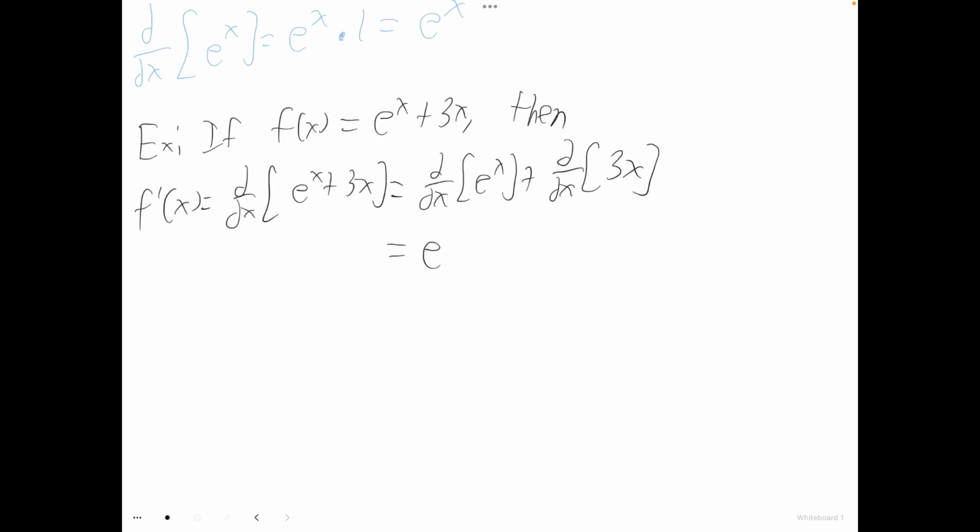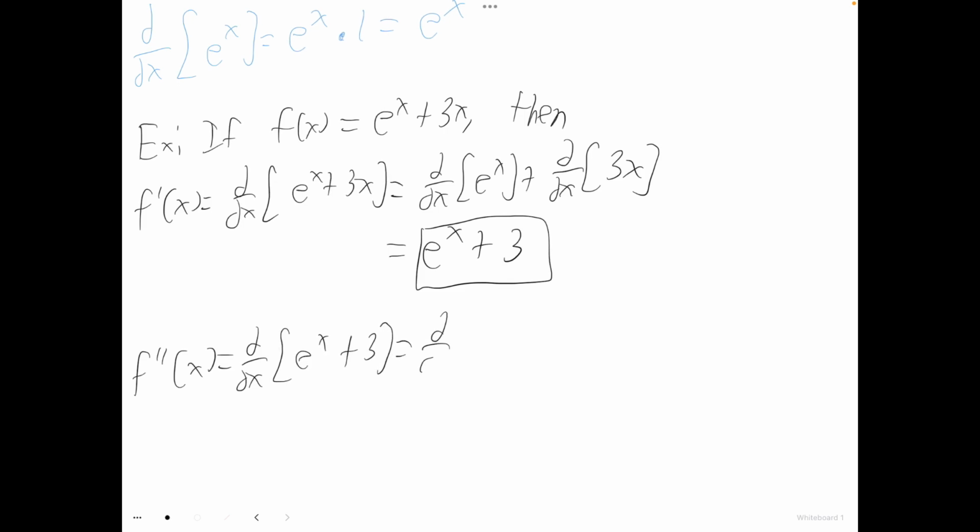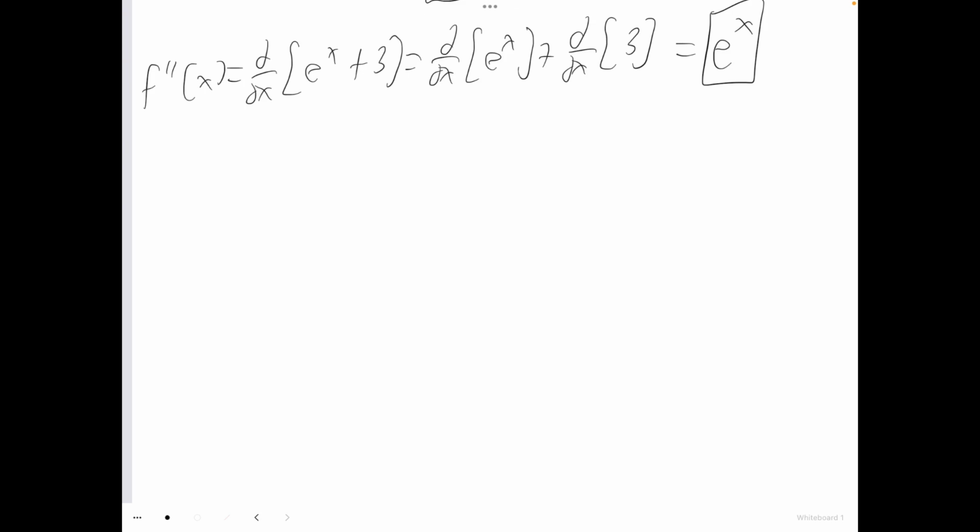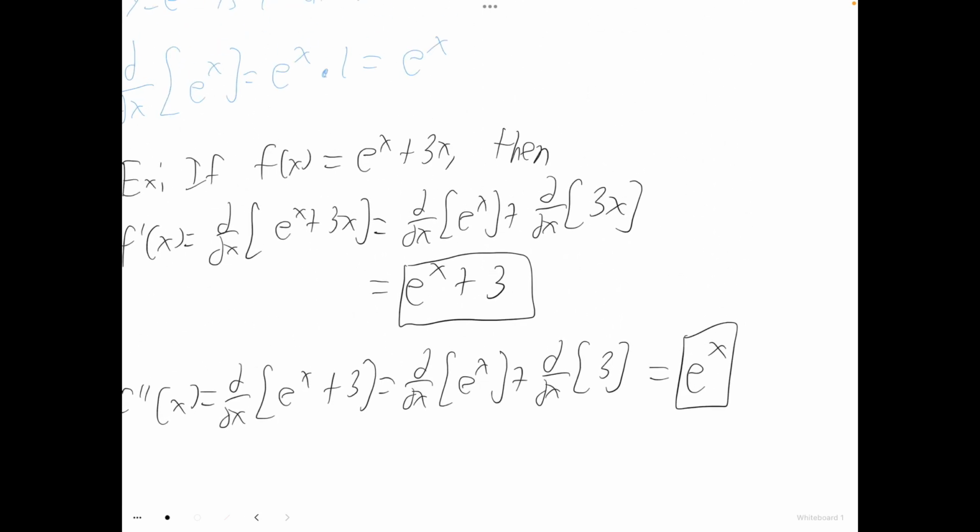The derivative of e to the x is e to the x, and the derivative of 3x is 3. So the derivative of e to the x plus 3x is e to the x plus 3. If we take the second derivative, this is the derivative of e to the x plus the derivative of 3. The derivative of 3 is 0. The derivative of e to the x is e to the x. So we get e to the x as the second derivative of the function e to the x plus 3x.